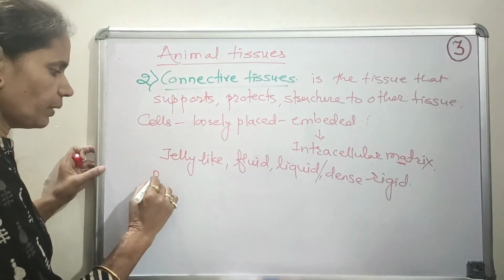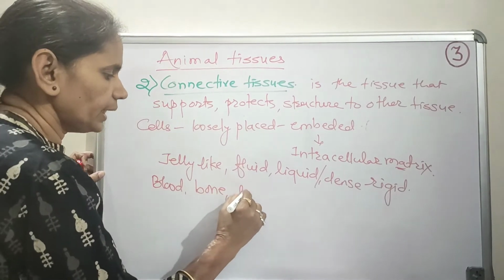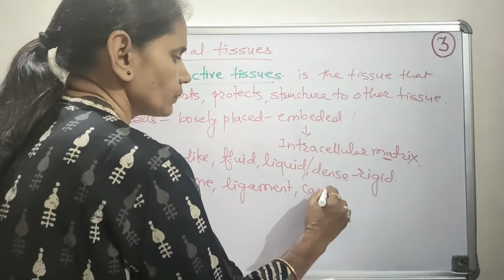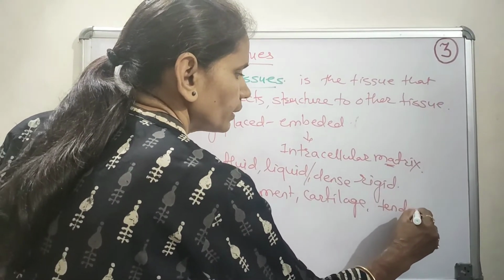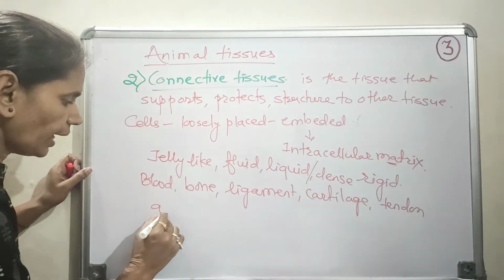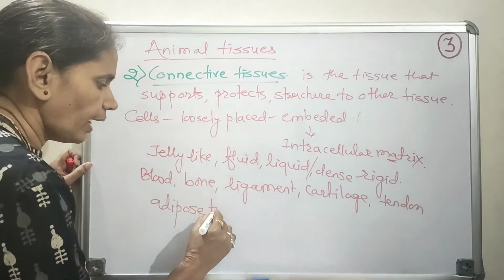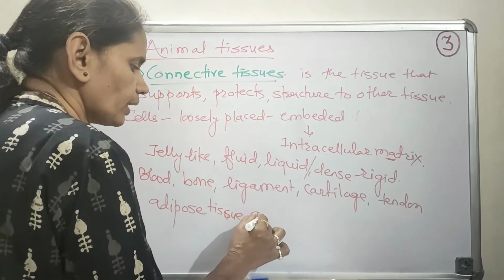These are blood, bone, ligament, cartilage, tendon, as well as adipose tissue where the fat cells are present, and areolar tissue.